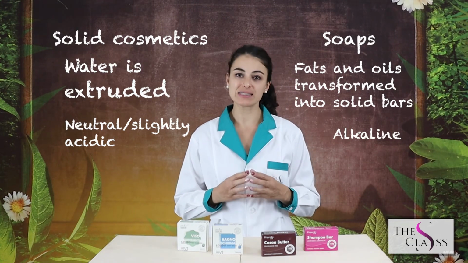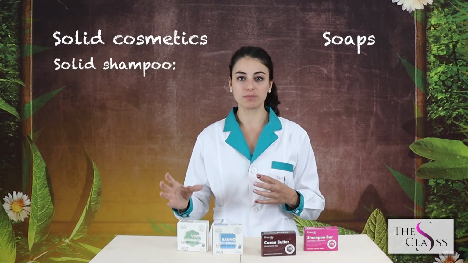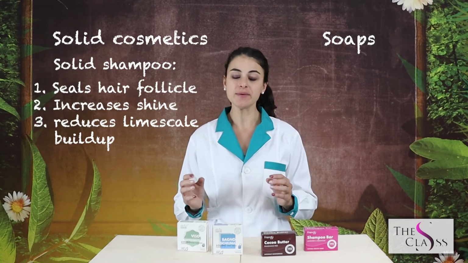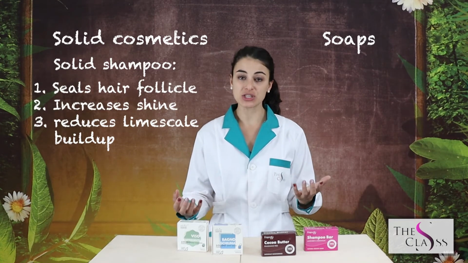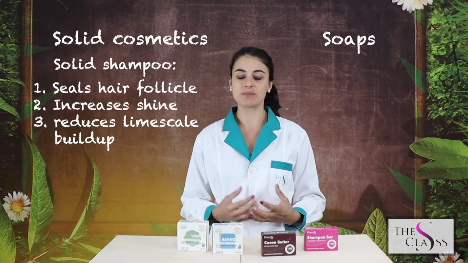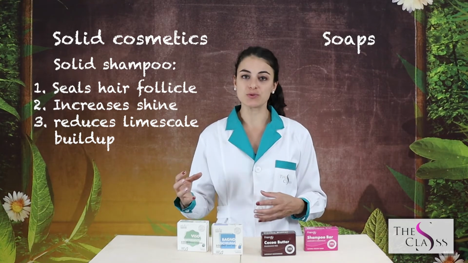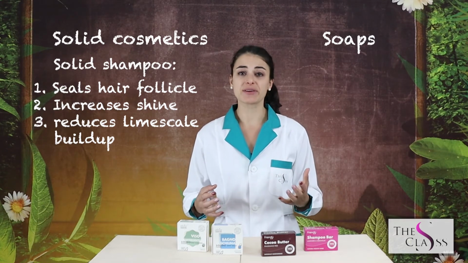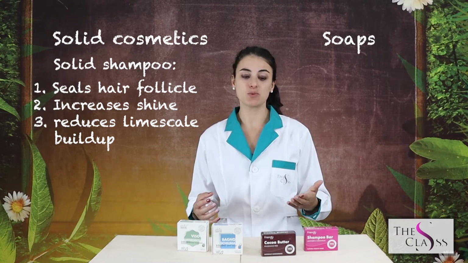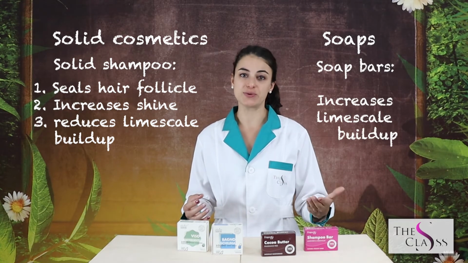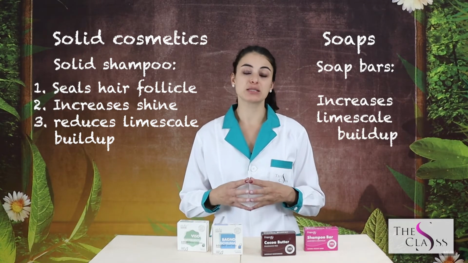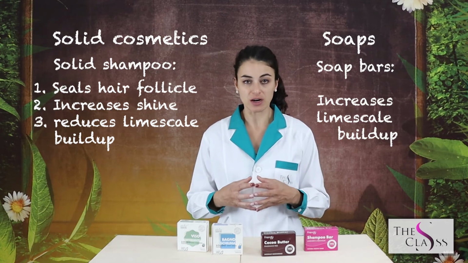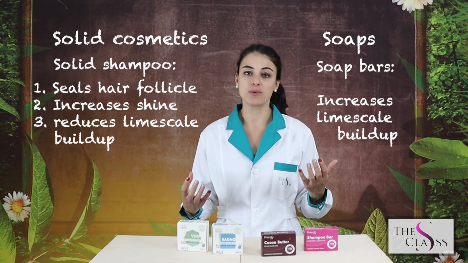The slightly acid pH of solid shampoos allows, first of all, to seal the follicle of the hair. Secondly, it increases the shine, and thirdly, and I would say most importantly, to reduce and avoid limescale buildup, which is something that is very common instead with soaps, which are used as shampoos. This is especially true if you live in an area where the water is very hard, so very rich with limescale.